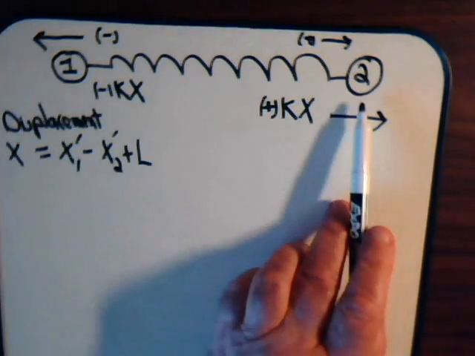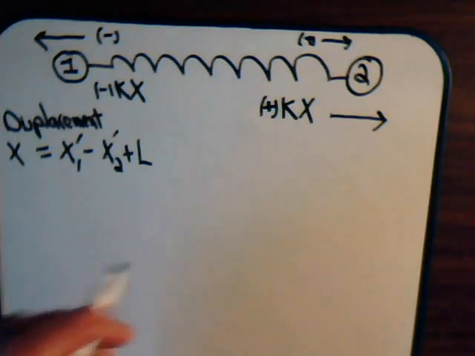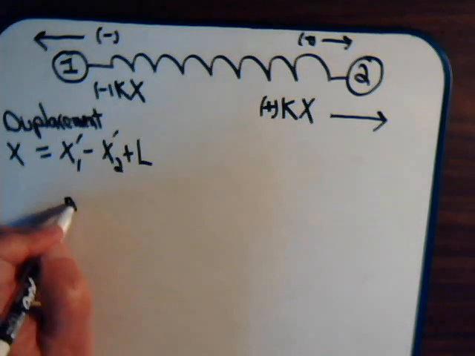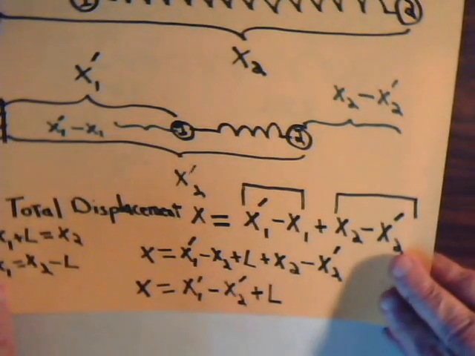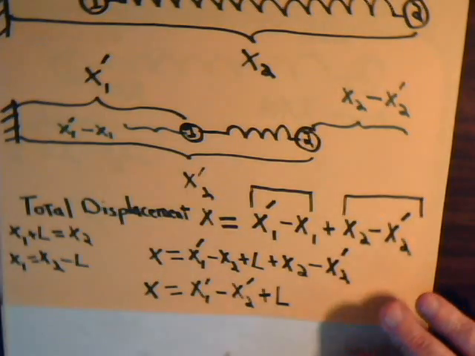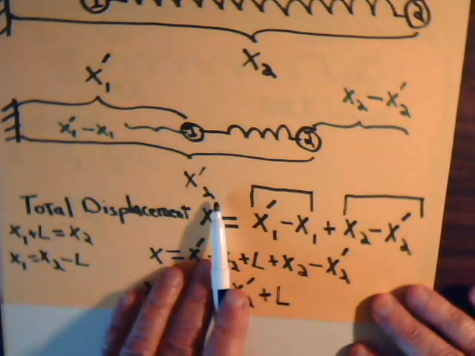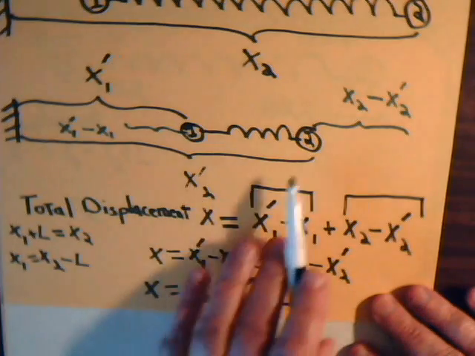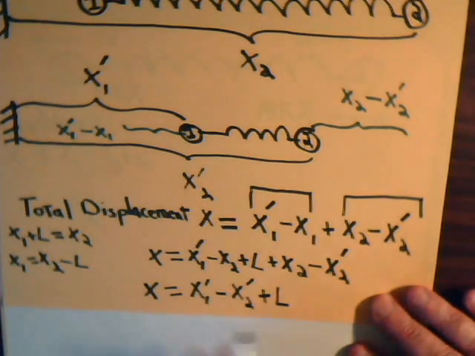So this is the force on block 2, and of course force equals mass times acceleration, so we can say that the mass of block 2 multiplied by its acceleration, and that of course will be the second derivative of x2 prime. The first derivative of this will be the velocity of block 2. The second derivative will be its acceleration.